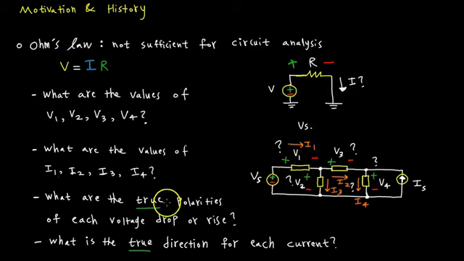What are the true polarities of each voltage drop or rise? And what is the true direction for each current? These last two questions are very important because, if you recall, we need them to correctly calculate the power absorbed or dissipated, or sourced, by an element.